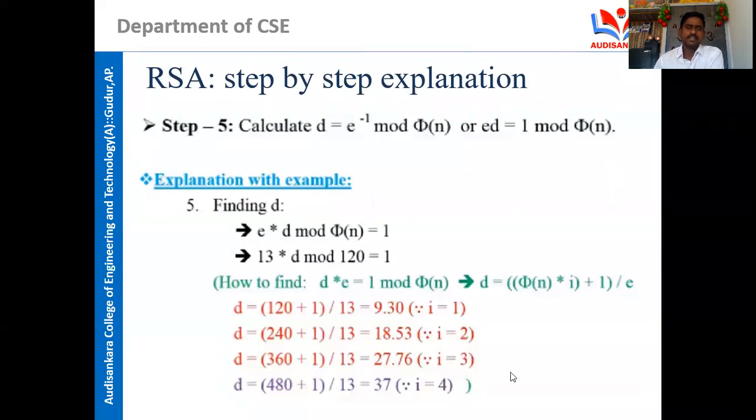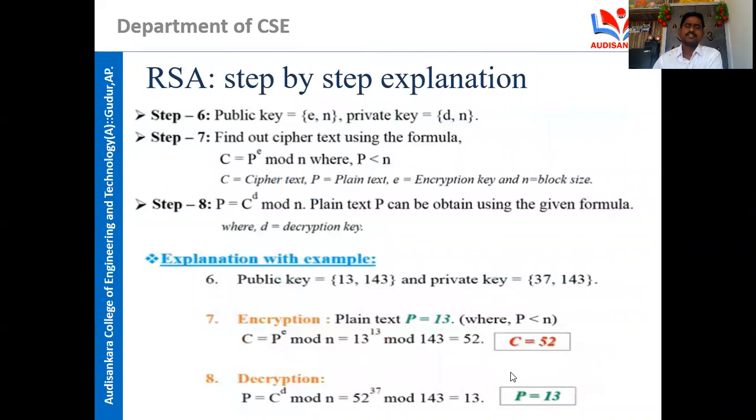Okay, and then the 6th step: public key is equal to E comma N set, private key is equal to D comma N. This is very simple. See here, 13 comma 143 is the public key, based on the values we substituted here.